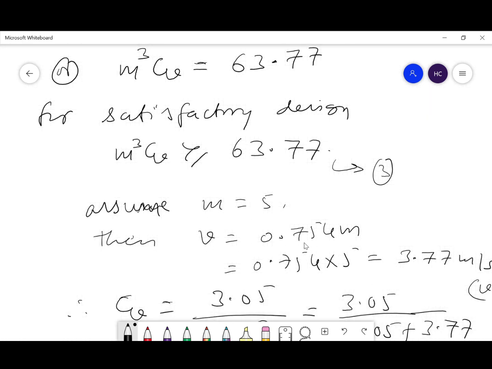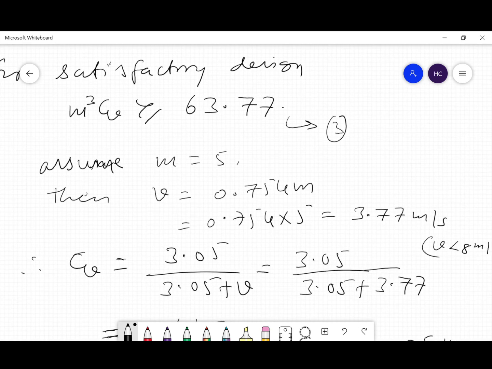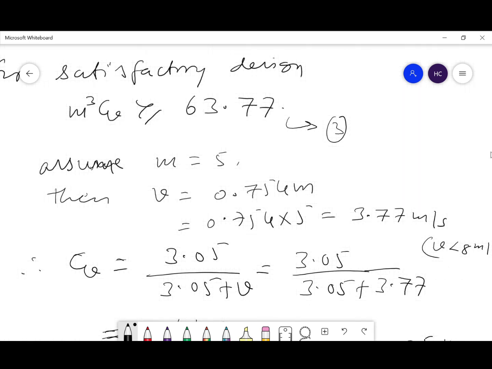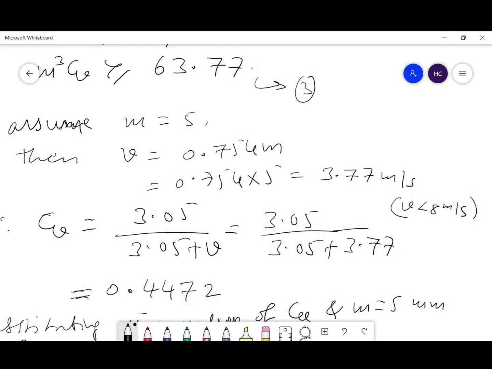Then velocity v is equal to 0.754 into 5, which gives us 3.77 meter per second, and velocity factor Cv is equal to 3.05 by 3.05 plus v. This expression is used because velocity is less than 8 meter per second. According to Barth, this expression for Cv is suitable for velocity up to 8 meter per second.